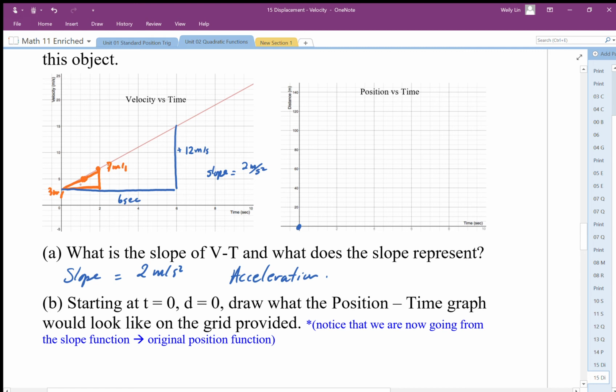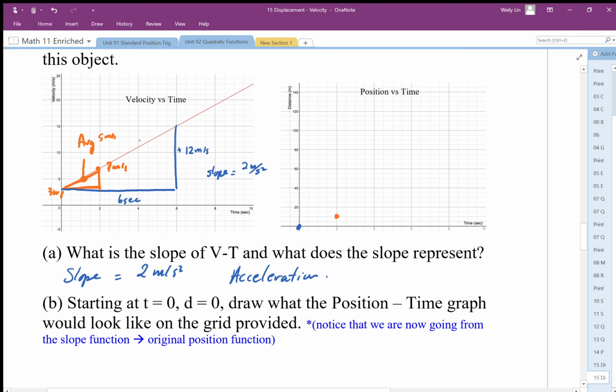So for the first 2 seconds we want an average of 5 meters per second. For 2 seconds at 5 meters per second, we would probably end up at 10 meters. Okay, for the first 2 seconds we're going to end up at 10 meters.